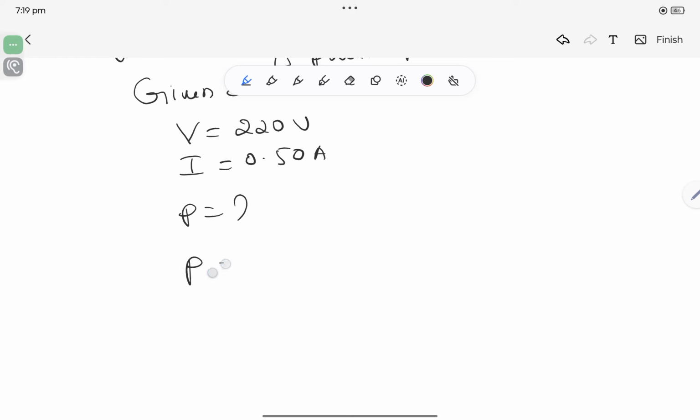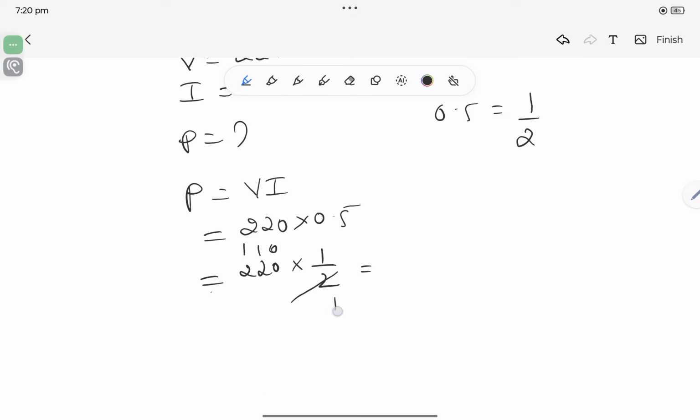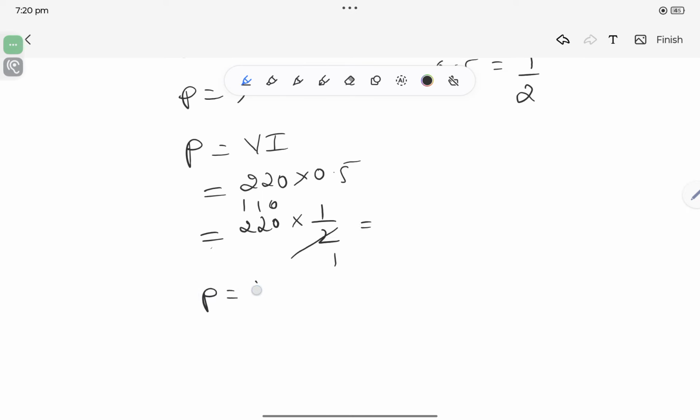Power is equal to V into I, 220 into 0.5. 0.5 you can write as 1 by 2. So 220 into 1 by 2, power will come. Power is equal to 110 watt.